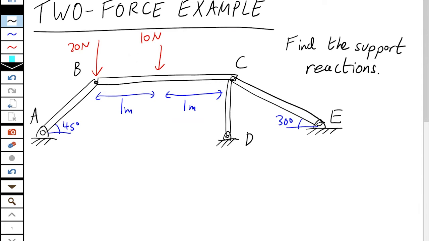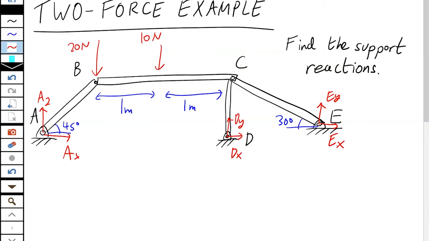So how do we do this? Well, we're asked to find the support reactions. So let's pretend we didn't know about two force members. A is a pin, so it has vertical and horizontal reactions. D is a pin, so it has vertical and horizontal reactions. And E is a pin, so it has vertical and horizontal reactions.